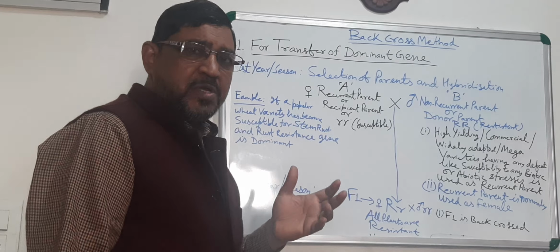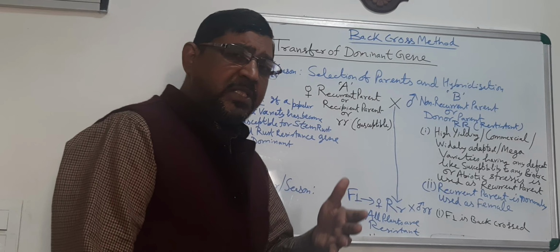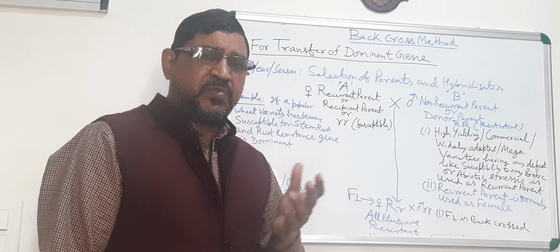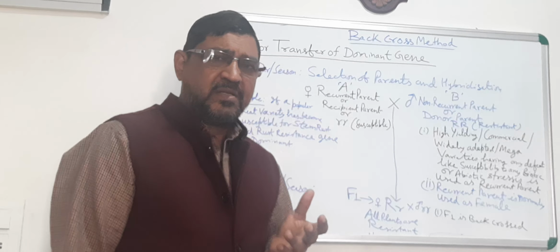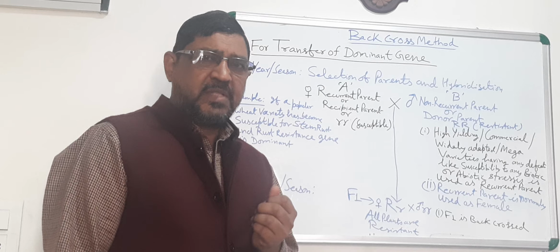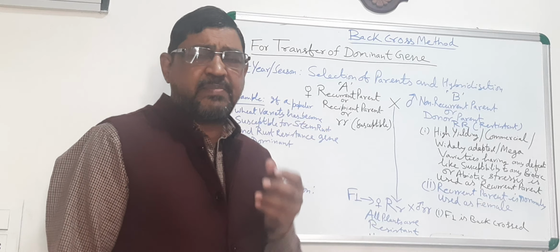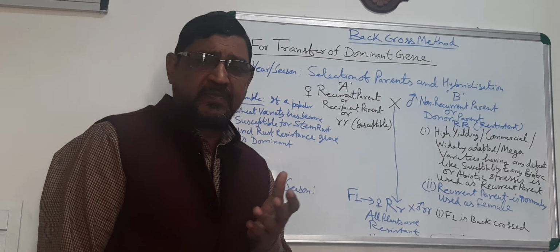For example, if you are going to transfer a disease resistance gene, in due course of time a variety which is very popular has become susceptible to a particular race.